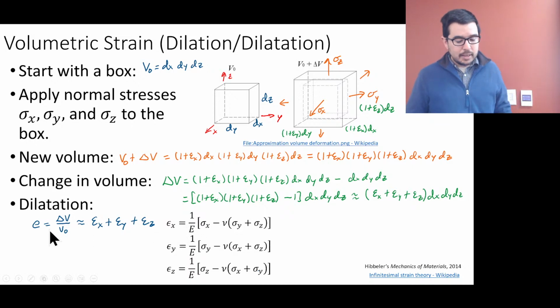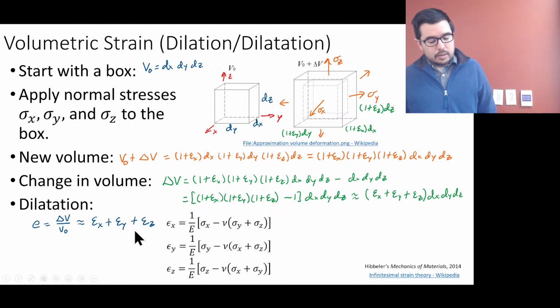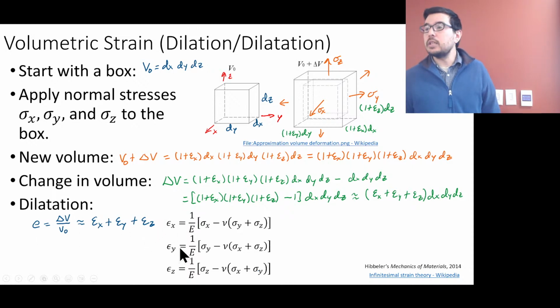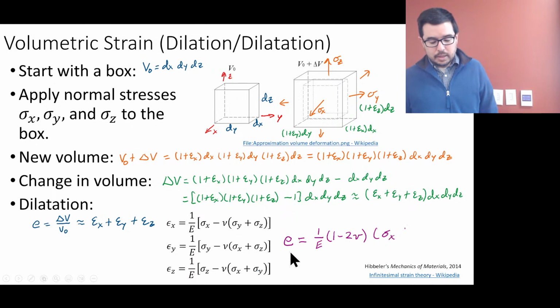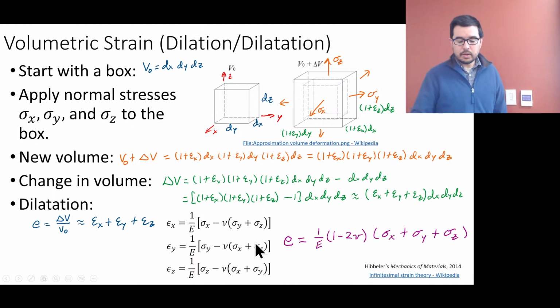So you get it, right? I got this dilatation quantity here, E, and I've got these constitutive relationships that I had before. We combine them all together, and we get this. All right? So, yes, this is epsilon x plus epsilon y plus epsilon z, and we have these minus nu, okay, sigma y plus sigma z, but I'm going to have another sigma y from over here.